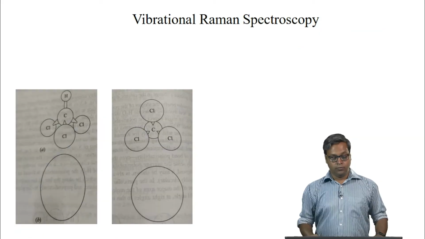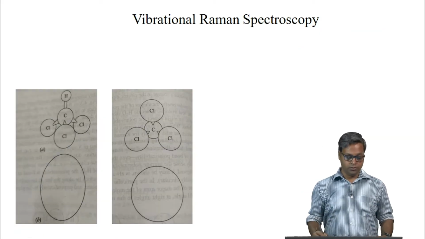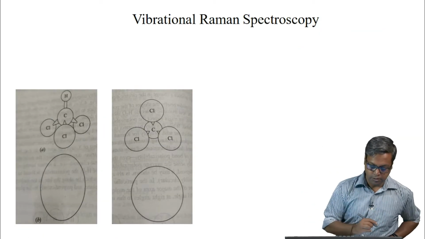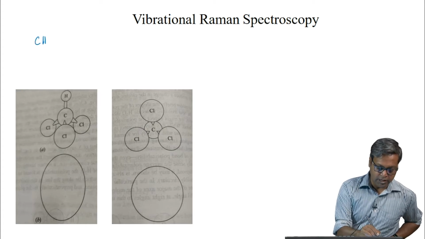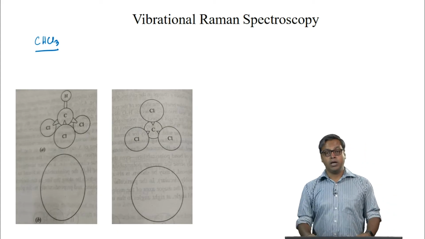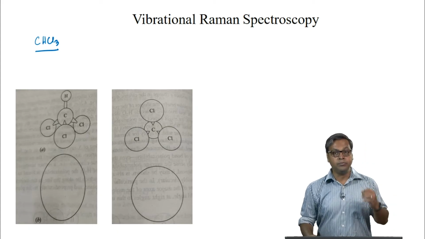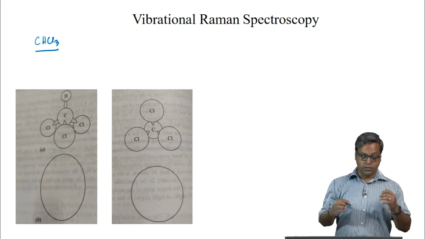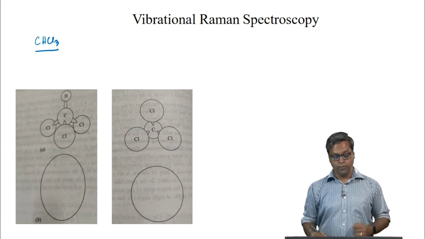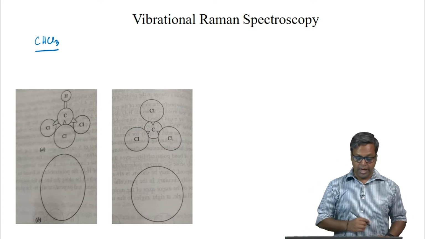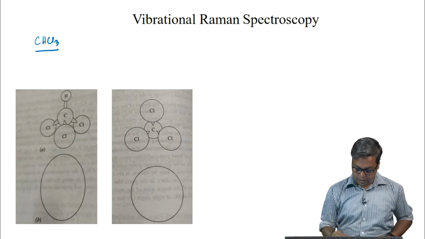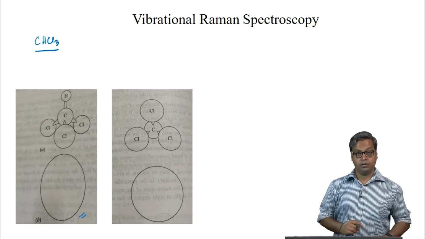For symmetric top molecules, for example CHCl3 or chloroform, they have polarizability ellipsoids rather similar to those of linear molecules, as we can see in this figure.